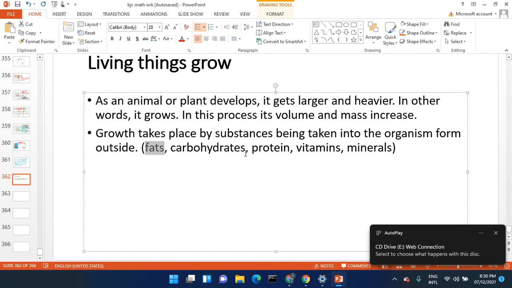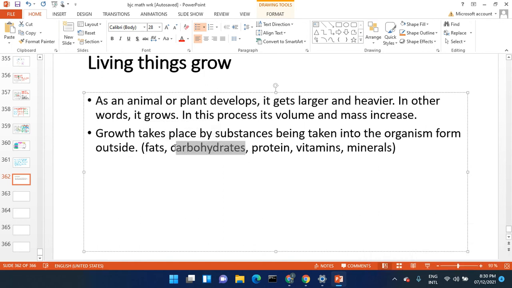Carbohydrates. We get carbohydrates from stuff like bread, cassava, plantain, potato, rice, grits.